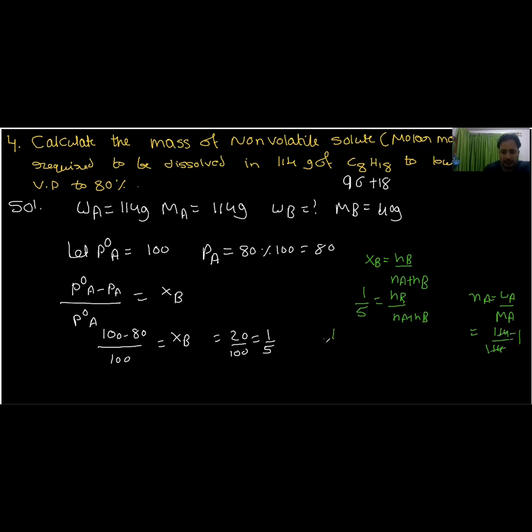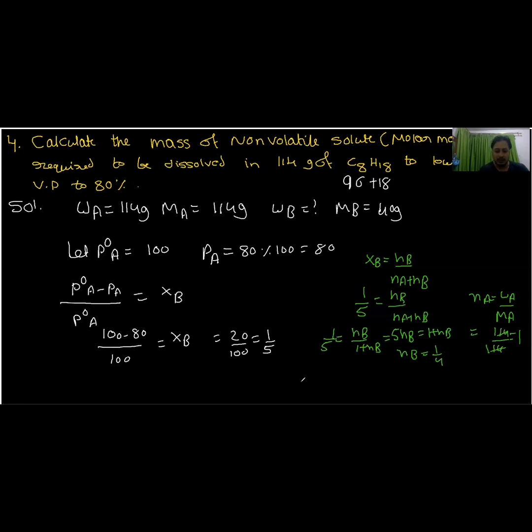So basically 1 by 5 is equivalent to NB upon 1 plus NB, or we can write 5 times NB is equivalent to 1 plus NB, or NB will be equivalent to 1 by 4.